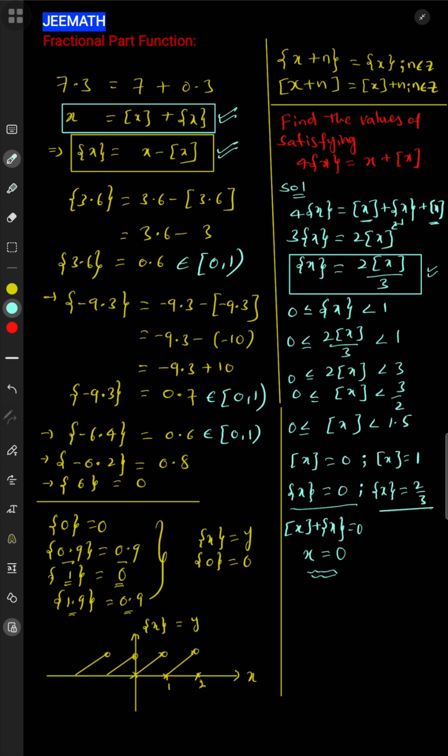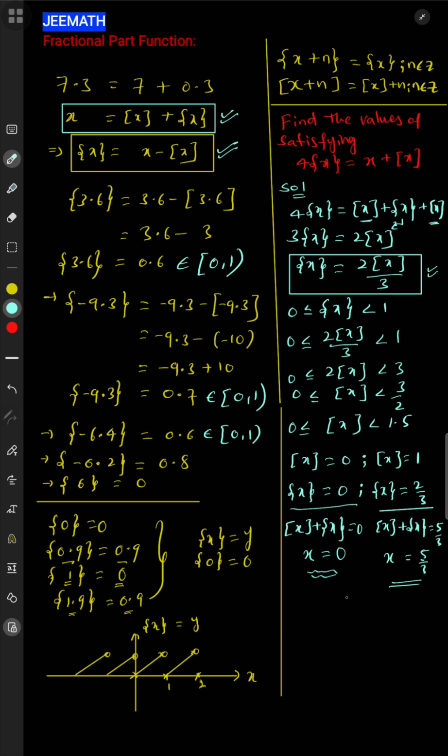So adding them, step x plus fractional part of x is equal to 2 by 3 plus 1, which is 5 by 3. Step x plus the fractional part of x is x only, right? So x is equal to 5 by 3.